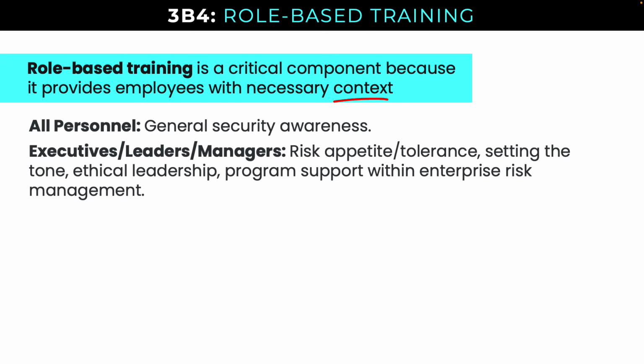So our business leaders, who are no doubt great business people, may benefit from some leadership-focused training on how to better address risk in our organization and how to develop a security-aware culture organization-wide based on the tone they deliver from the top.